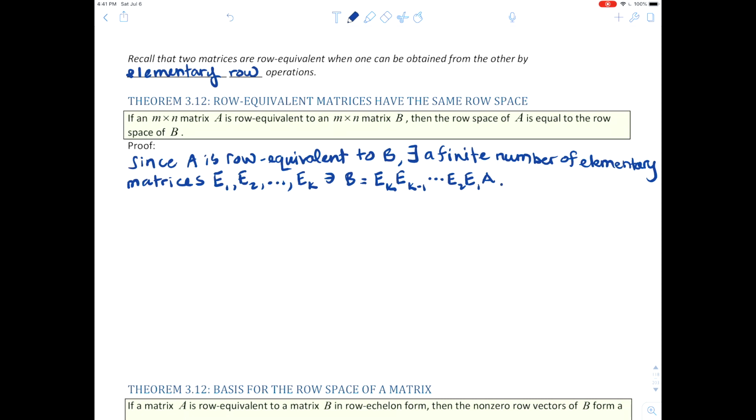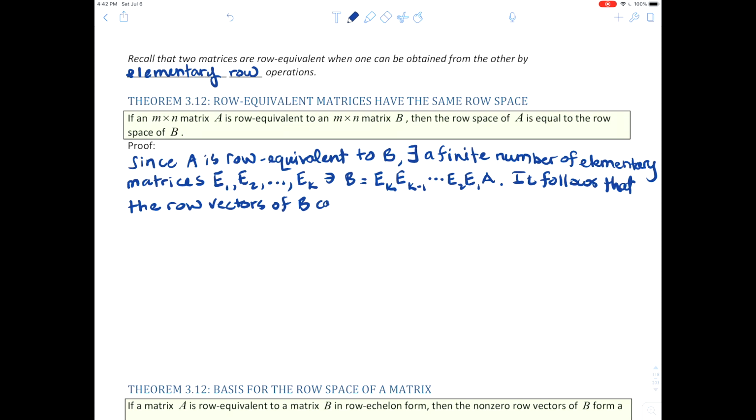All right, well, from this, it follows that the row vectors of B can be what?